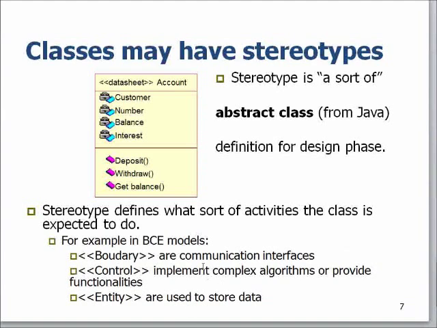The control, which means that it implements complex algorithms or provides functionalities to other classes and objects, or entity, which means that this class, or an object created from this class, is mostly used to hold data or be an implementation of a database system.